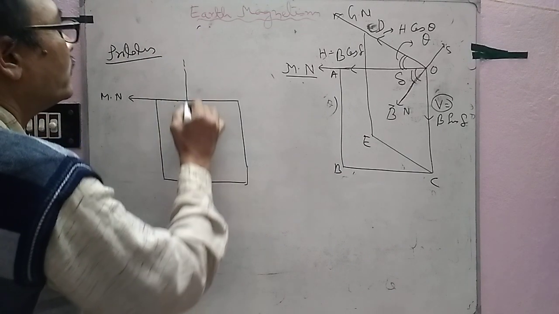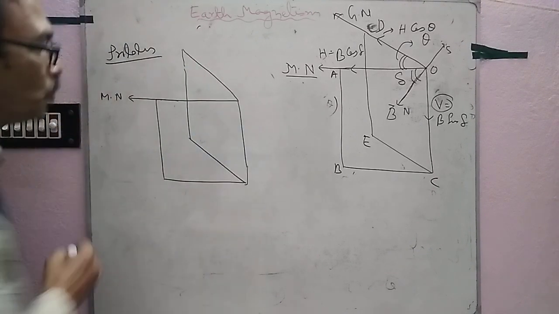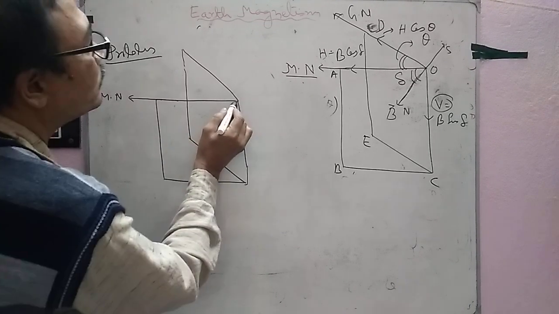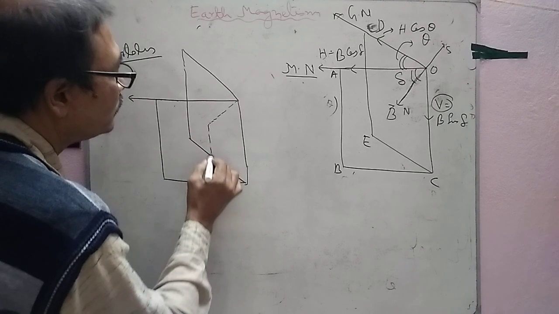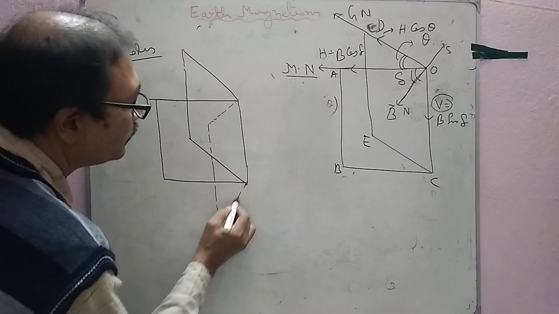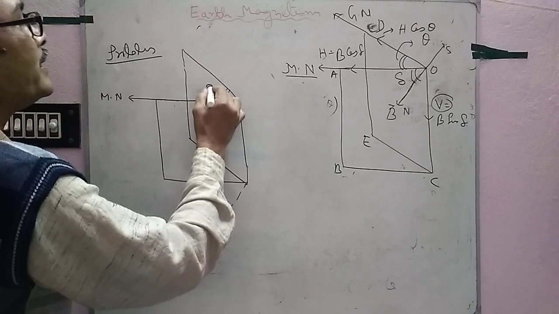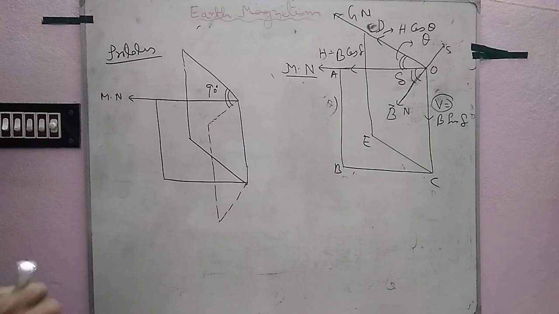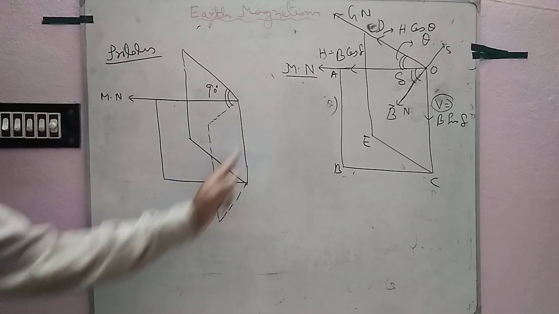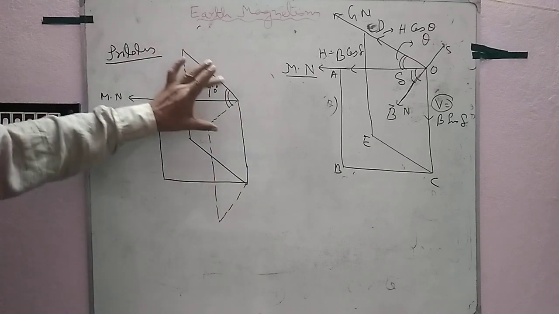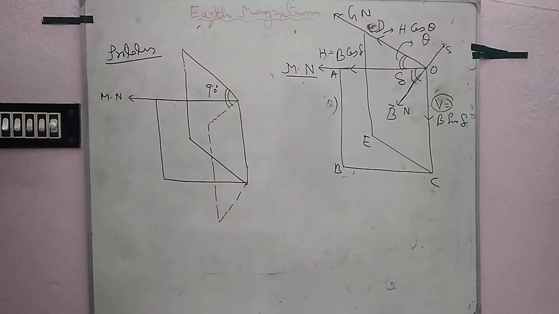This is a vertical plane. And another plane I draw with dotted line. These two planes make an angle 90 degree. This plane is the magnetic meridian, this is magnetic north, and these two arbitrary vertical planes make an angle 90 degree.